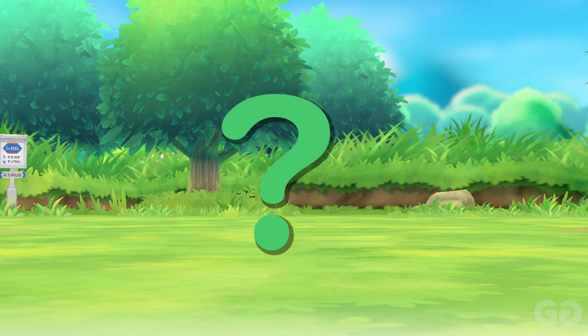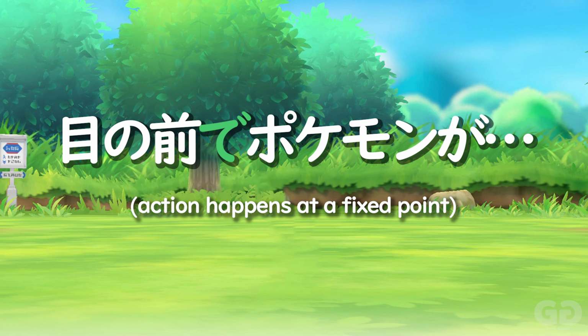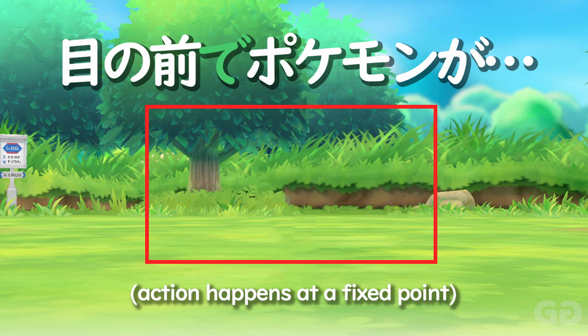So what about 目の前でポケモンが? Well, here, で is used to express a fixed scope where an action happens. The action doesn't go out of that scope, it doesn't come into that scope, it's happening entirely within that scope. So here, the fixed scope of in front of you, 目の前.